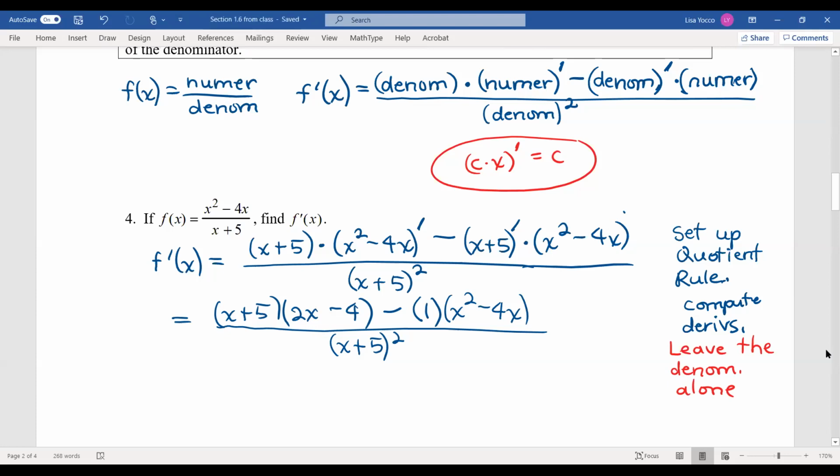I'm going to cancel those out. But you cannot cancel those because the x plus 5 in the numerator is multiplied by something else. So you can't just cancel it. It doesn't work that way. So that's why I say just leave the denominator alone. Hardly ever do we do anything with that.